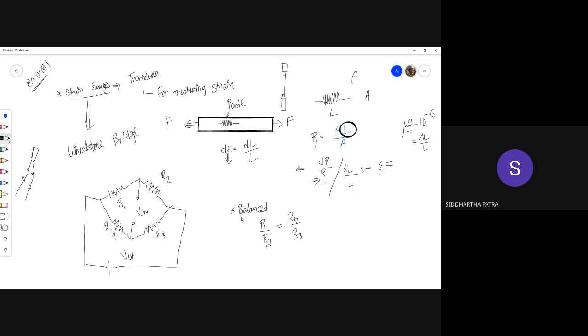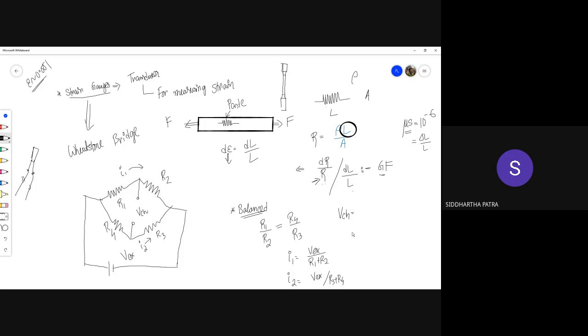Now, when it is balanced, you can imagine if I1 is the current through R1, R2, and I2 is the current through R3, R4, then VCH is essentially, I1 is basically VEX divided by R1 plus R2, and similarly I2 is VEX divided by R3 plus R4.